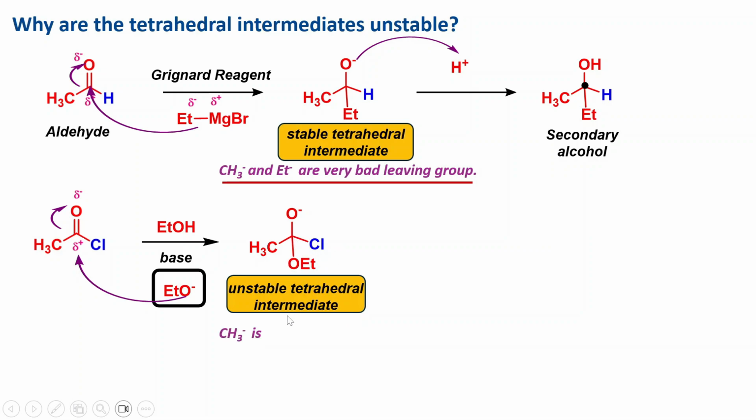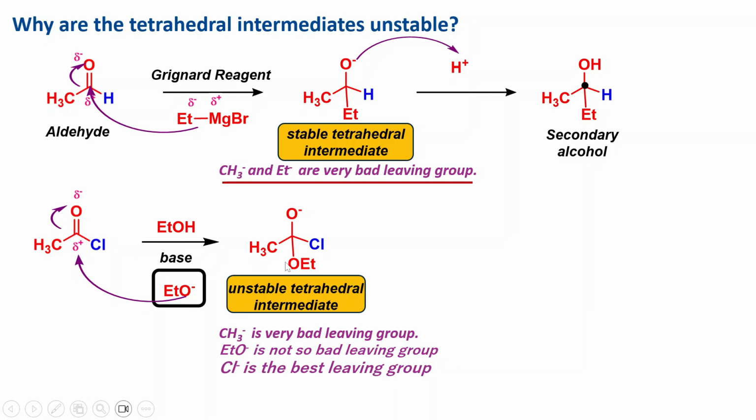The CH3 is a very bad leaving group, but the ethoxide is not so bad a leaving group, and the chlorine is the best leaving group. So out of these 3, chlorine is the best leaving group. This O minus will come down and push out the chlorine as Cl minus. So what you will generate is an ester.